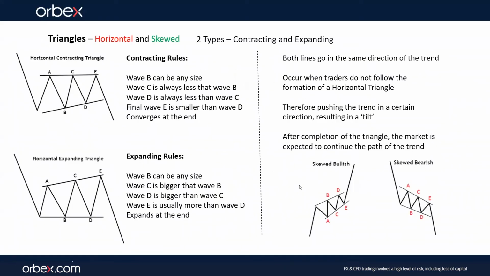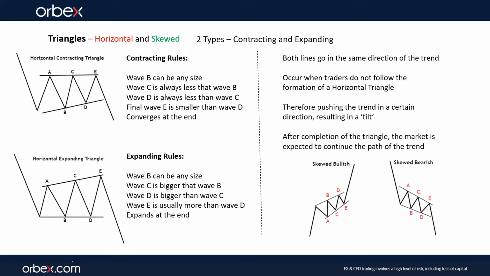So moving on, with these triangles we are looking at horizontal and skewed triangles. What I want to look at here at the moment is the horizontal triangles. The reason why it's horizontal is because one of the borders of the triangle is straight, it's horizontal, whereas the other one is slightly slanted.